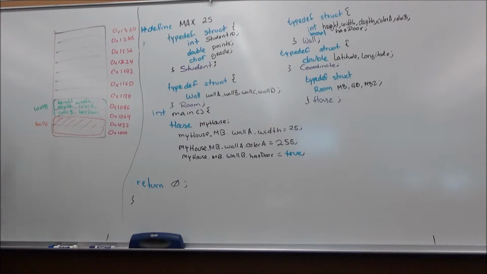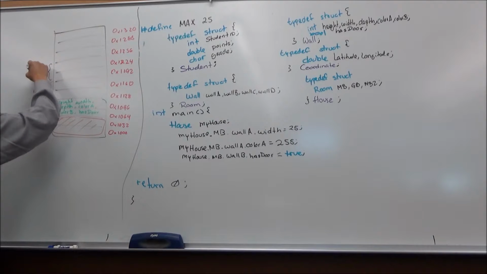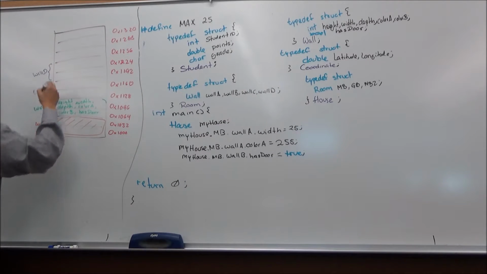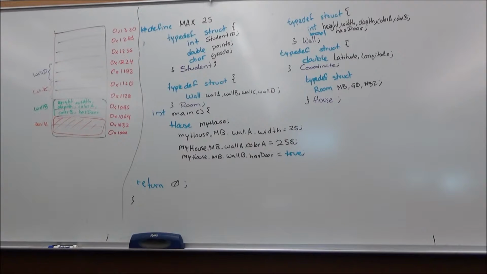Then you got wall B. I'm sorry, C. And then it's wall D. And then the computer sees this whole thing as one room. So this is room, master bedroom. And then it repeats the process.